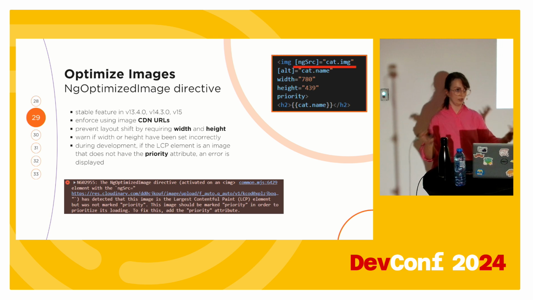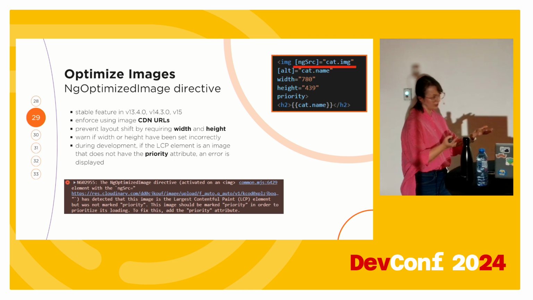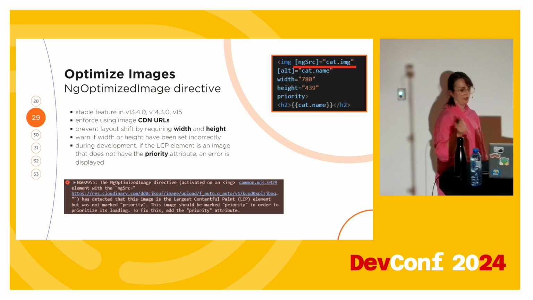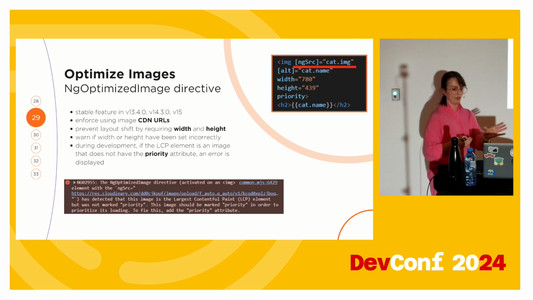As we know now, it is important to avoid layout shifts, because CLS is a Core Web Vital. So if we want a good score in the Google rankings or others, please remember to set width and height on your images.